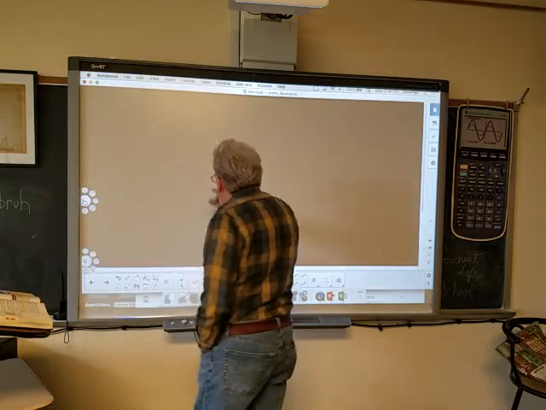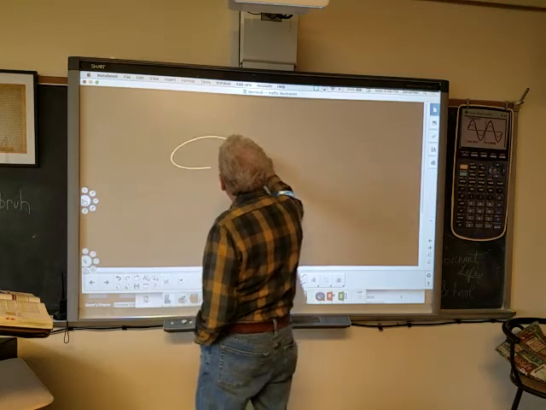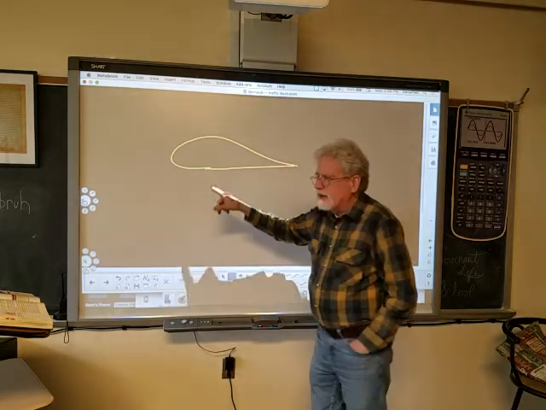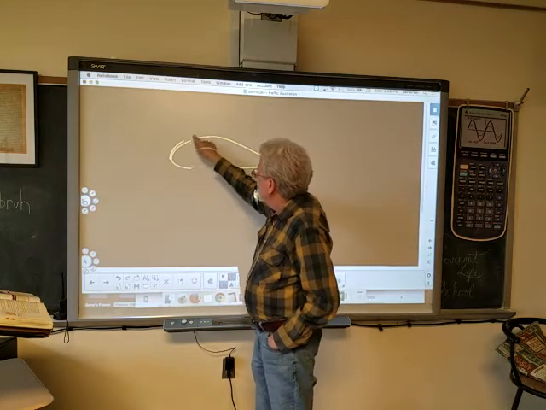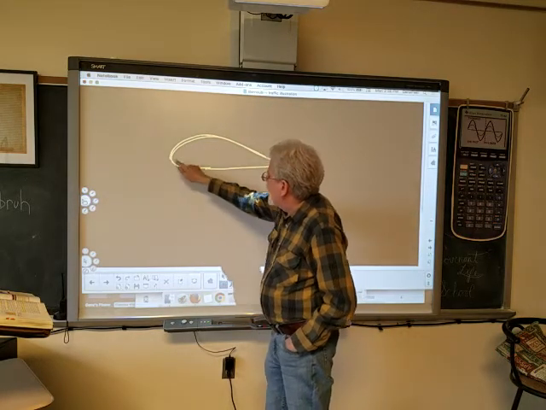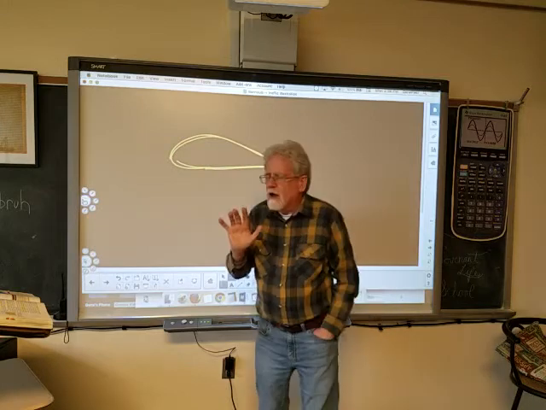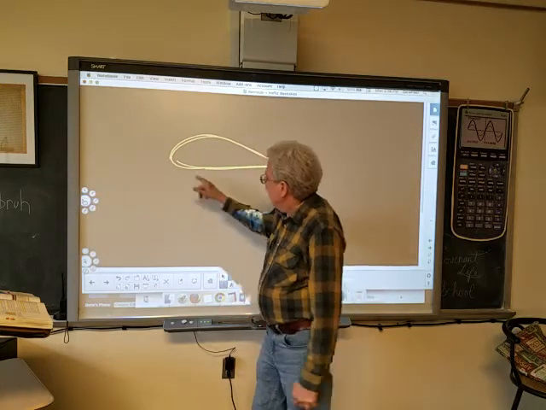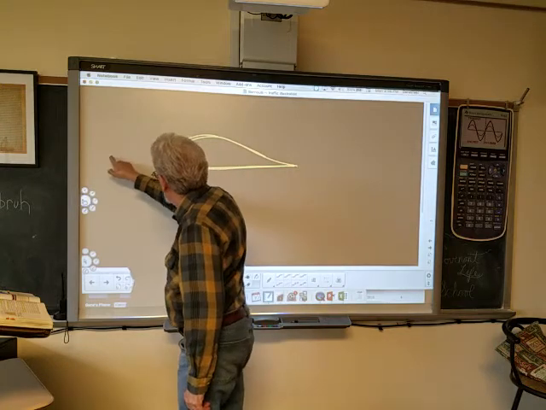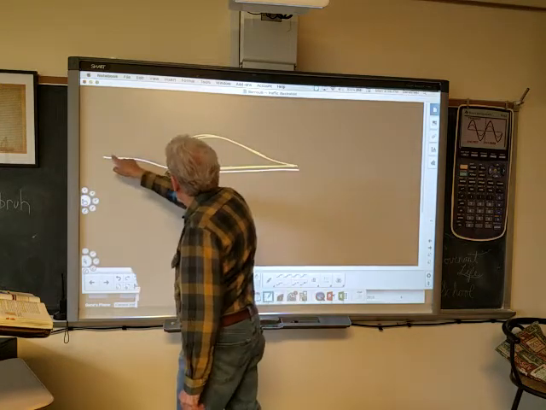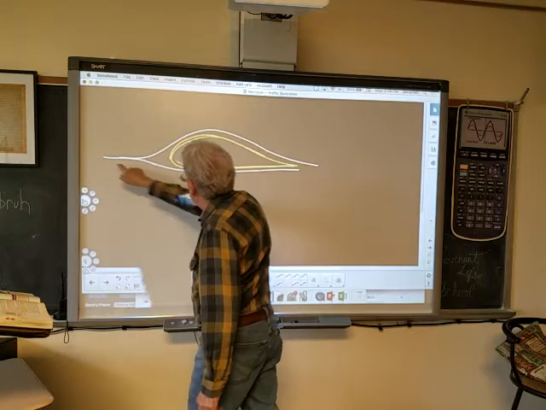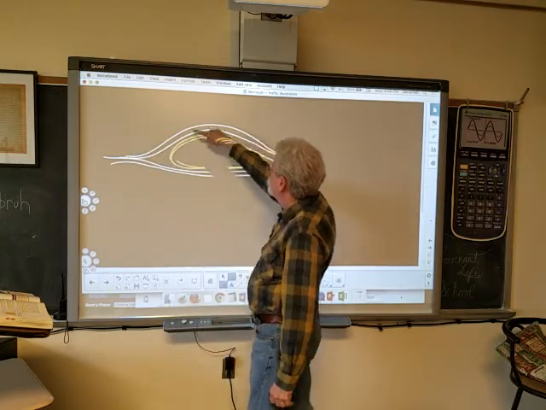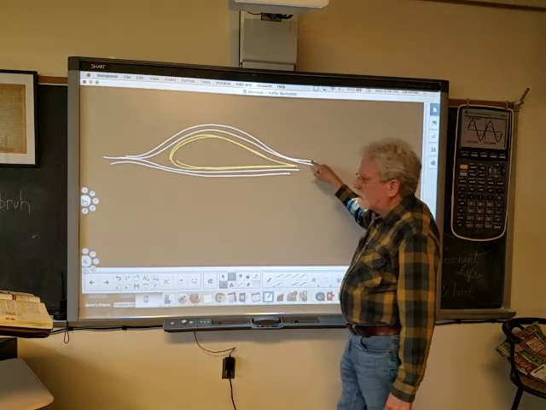Another way, Bernoulli principle also applies to plane wings. Suppose that's an airplane wing. The airplane wing is more rounded on the top than on the bottom. There are other reasons why a plane is able to fly, but this is part of it. As the air hits the wing and goes around here, and around here, and around here, notice the air up here has to go a larger distance to get over to this point.